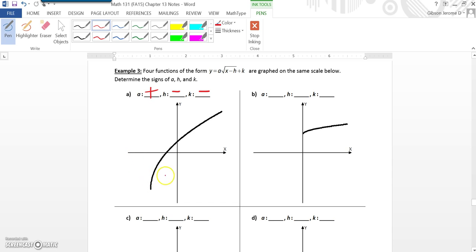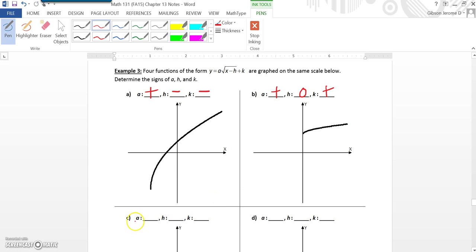Okay, now, the next thing. If you look here at B, the graph is increasing, so we know a is positive. h, if you notice here, doesn't move to the left or right, so h is 0. And for k, we notice that it's up, so it'll be positive.